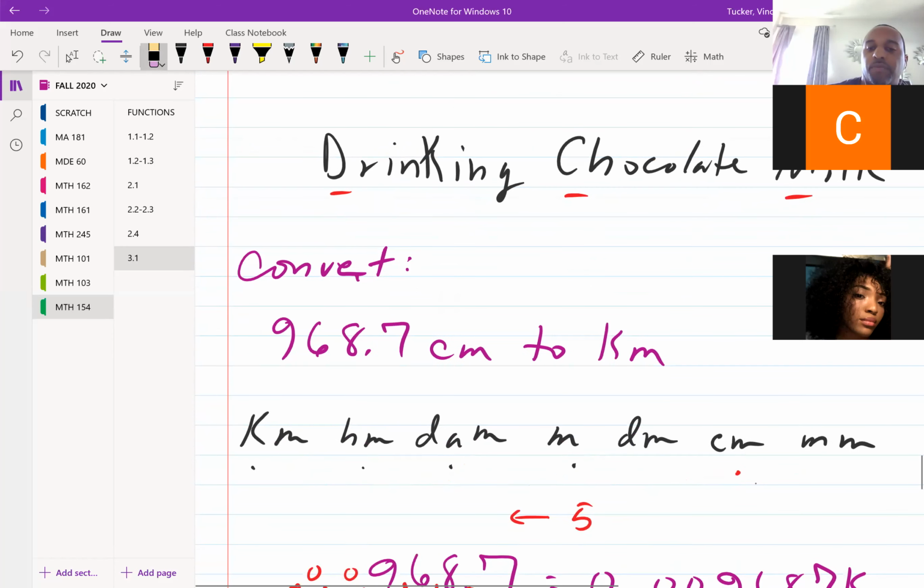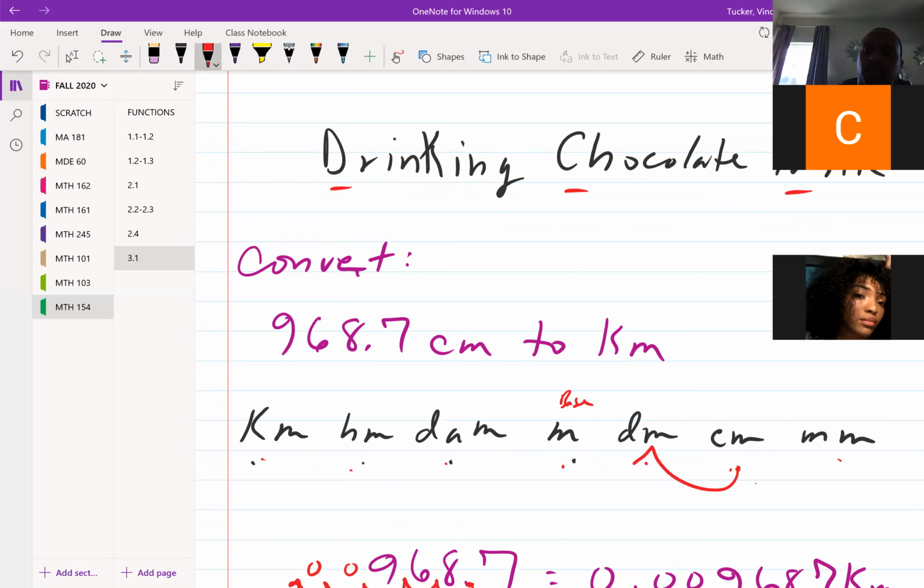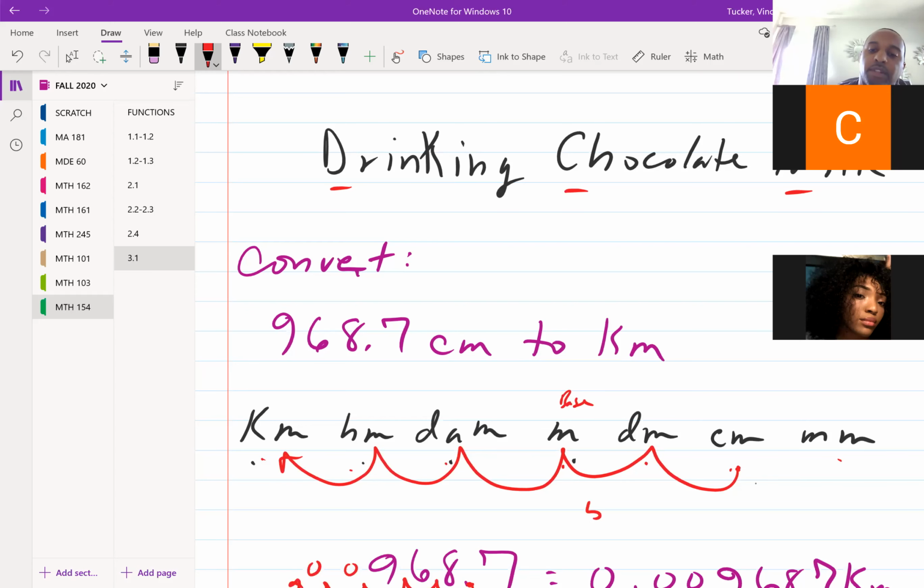All right. So if we want to convert 968.7 centimeters to kilometers, remember the order. Like I said, King Henry died by, my base is here, drinking chocolate milk. So I'll go to centimeters and I'll go 1, 2, 3, 4, 5 to the left.